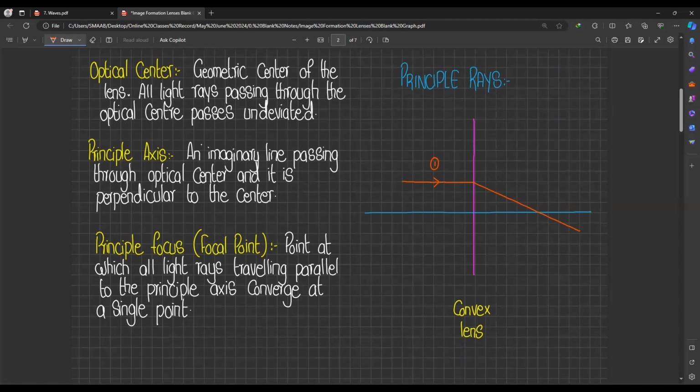Secondly, the second type of ray passes through the center, and from the center the light ray moves without any deviation.